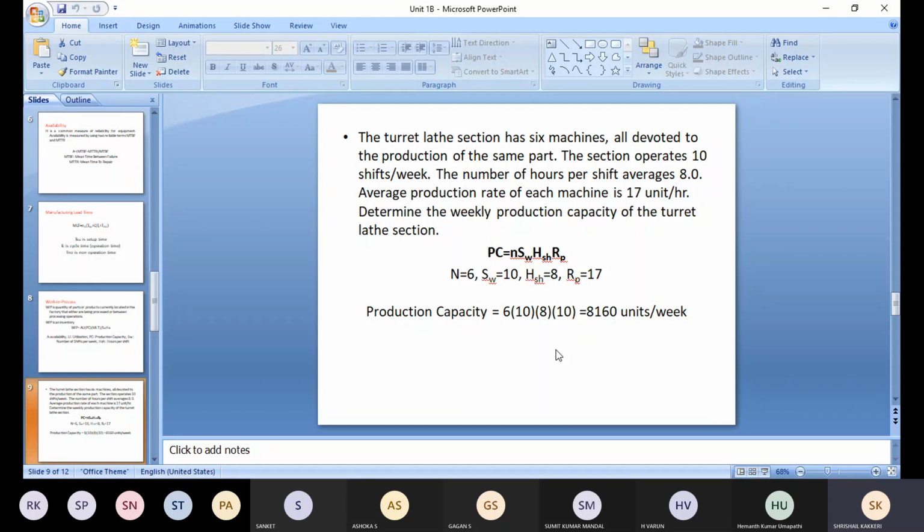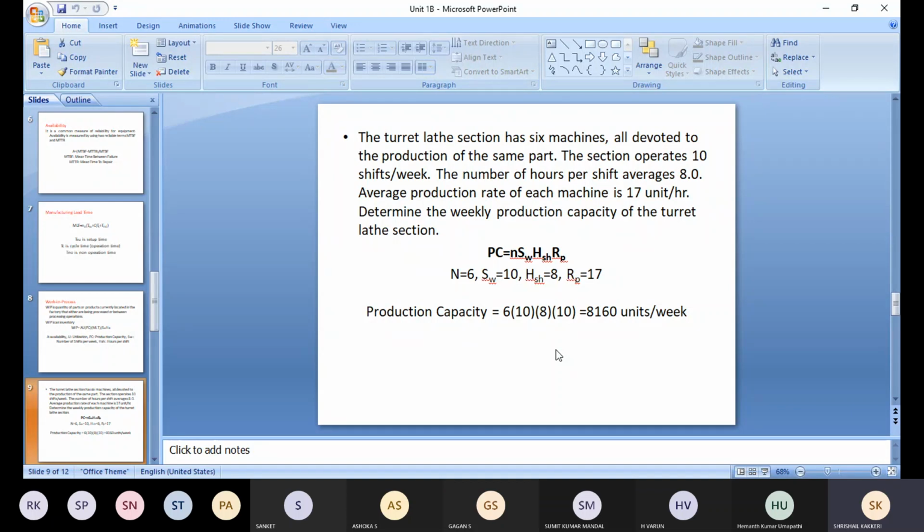The section operates 10 shifts per week. In a week, the section is working for 8 hours per shift. That means SH is 8 hours, SW is 10 shifts per week. The number of hours per shift averages 8, and the average production rate of each machine is 17 units per hour.